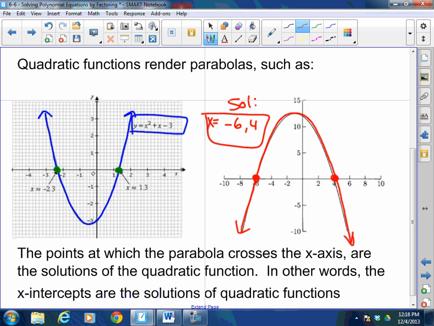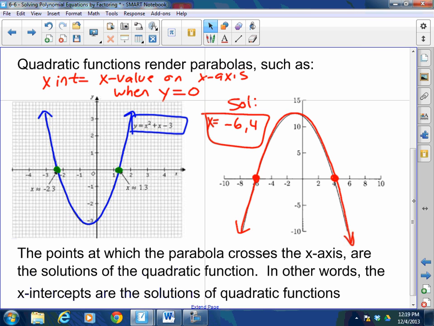And the solutions of a quadratic equation, once again, my friends, are the intersection points of the graph with the x-axis, so the x-intercepts. Remember that the x-intercept equals the x value on the x-axis when y equals 0. So conceptually, can you see what I'm talking about so far, my brothers? Yes? No? Maybe? Kind of? Okay.